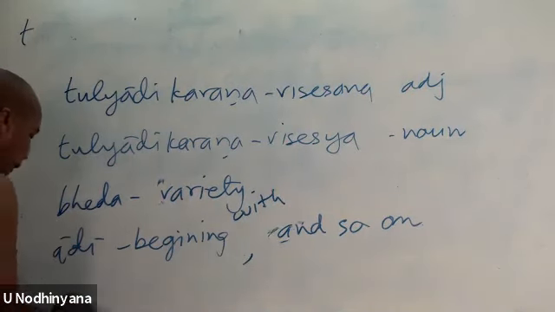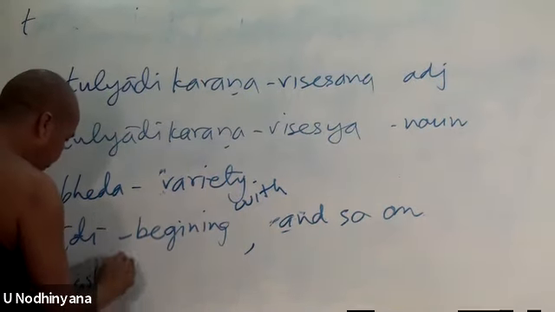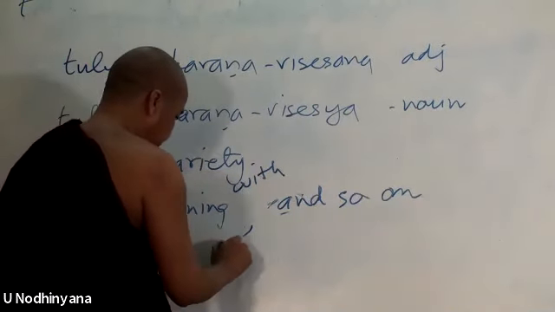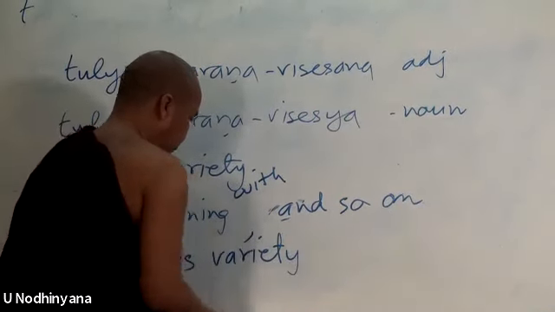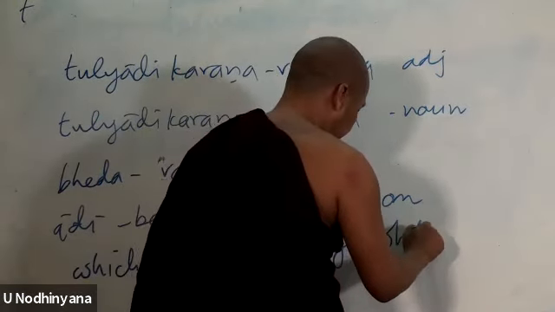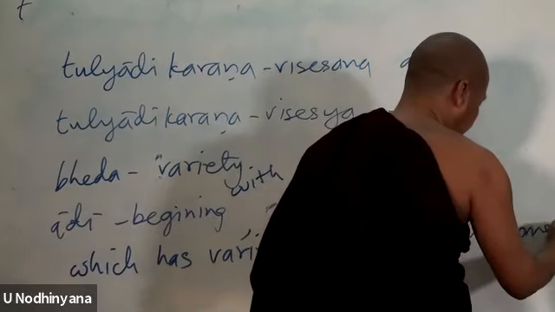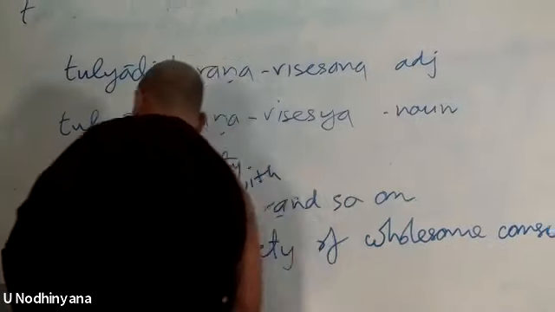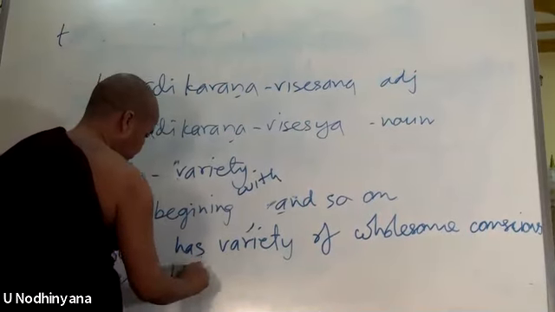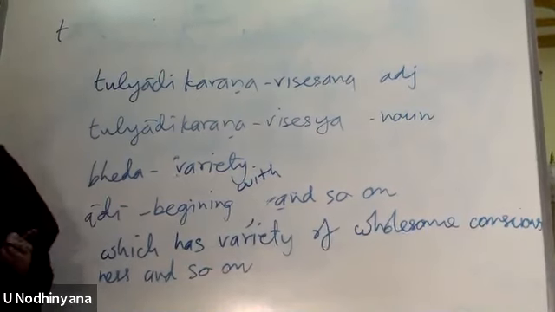So this Beda is modifying the Kamavajara Kusalaadi Beda. You can translate it like this: which has a variety of the wholesome consciousness and so on.